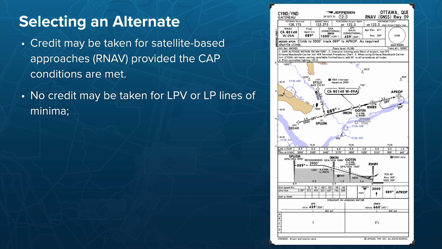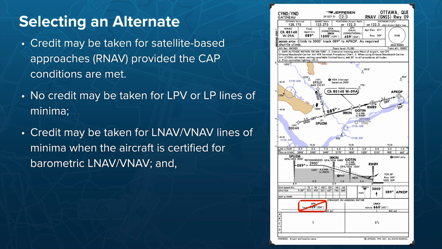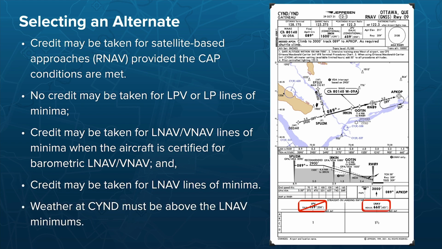However, no credit may be taken for LPV or LP lines of minima. So we can't use the LPV minima in this case. However, credit may be taken for LNAV VNAV lines of minima when the aircraft is certified for barometric LNAV VNAV, and credit may be taken for LNAV lines of minima. So we do have an LNAV line of minima, so weather at CYND must be above the LNAV minimums.